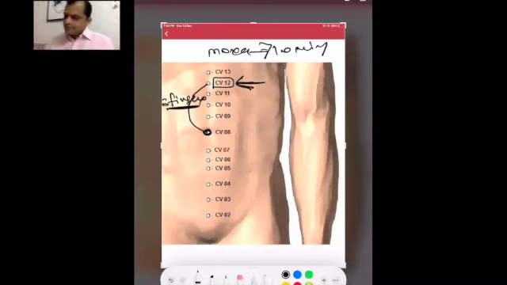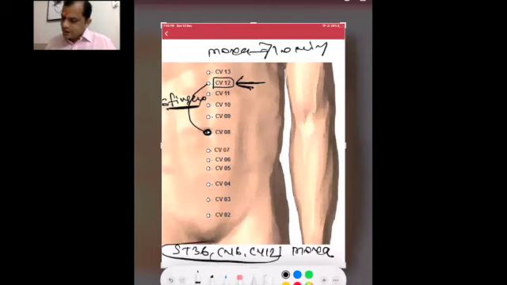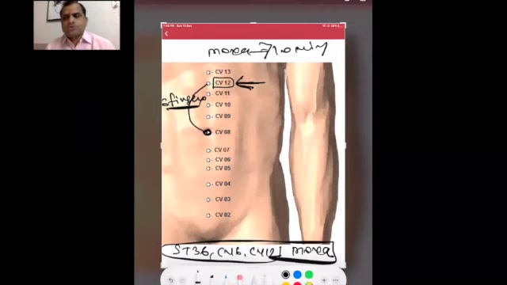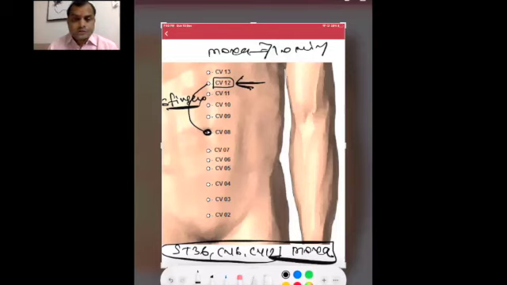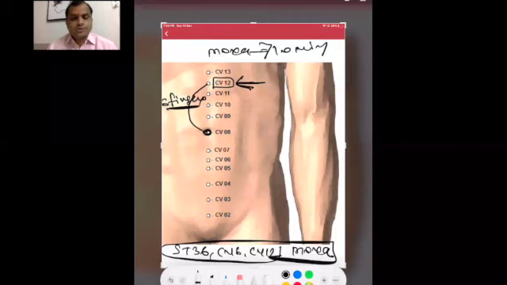So in this way, just 3 points, stomach 36 in the legs, CV6 and CV12. If we do the moxa here, then this is an excellent treatment for prevention, and this treatment is very common in China. They are very alert and they are saving themselves from the attack of this COVID-19.